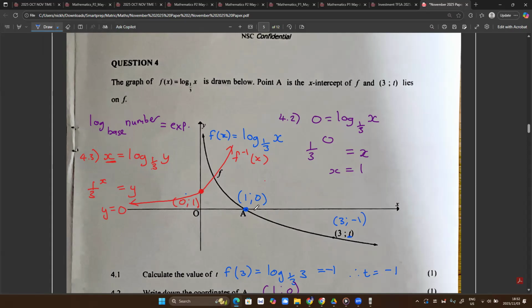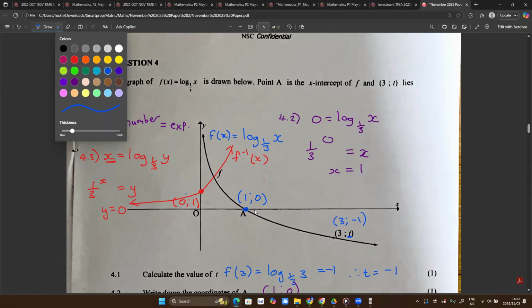So where is the point negative 1 and 3? This is actually going to be the other way around, because this is 1 over 3, remember that's 3 to the minus 1.